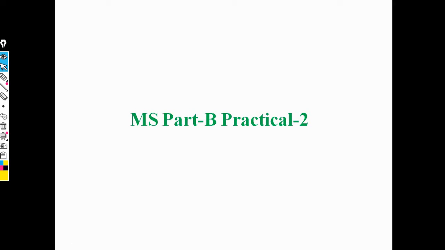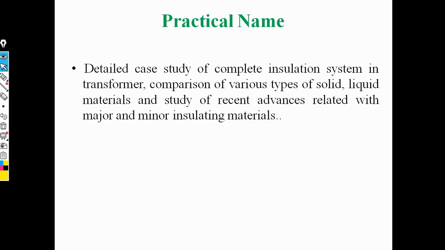Second activity will be based on solid and liquid insulating material. The activity name is the study of solid and liquid materials with respect to the case study of insulation of transformer.